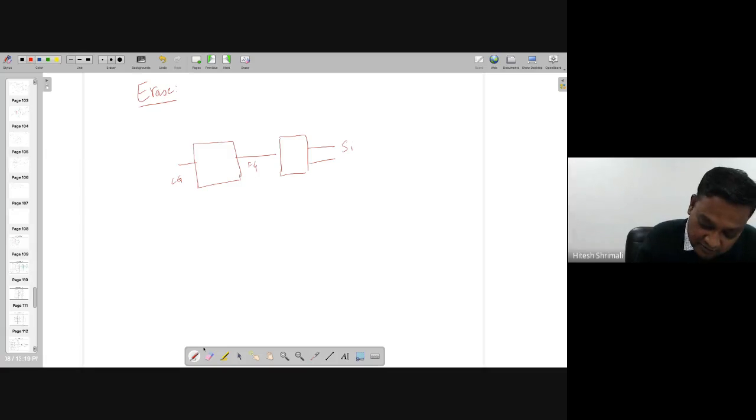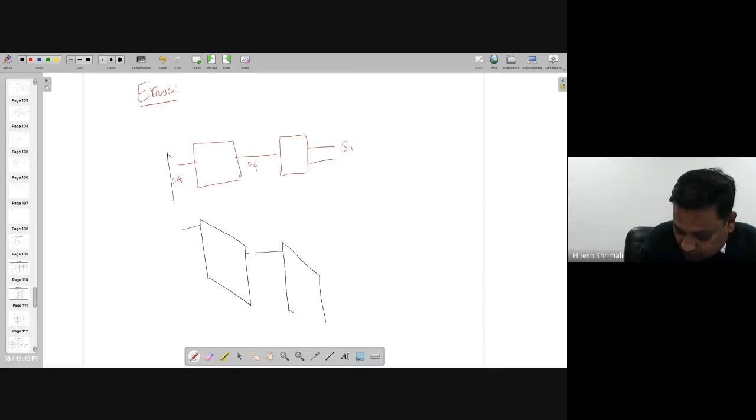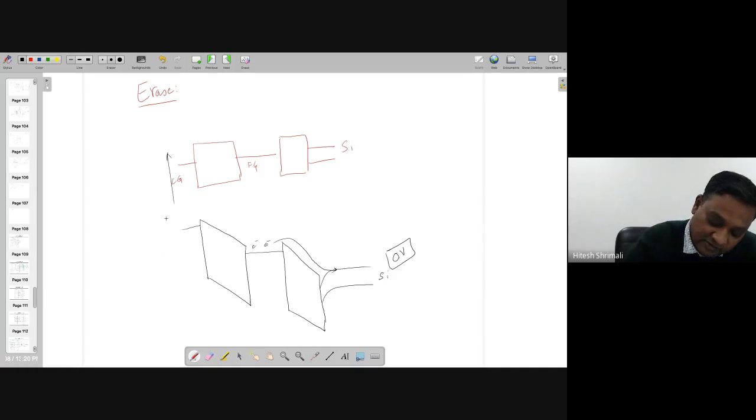Between control gate and floating gate, when you give some negative voltage here, this goes up, so whatever electrons are there, they can go to the ground side where it is connected to 0 volt, and this one is connected to minus 10 to 15 volt, something like that, right?